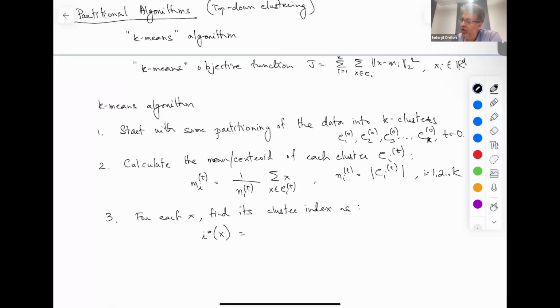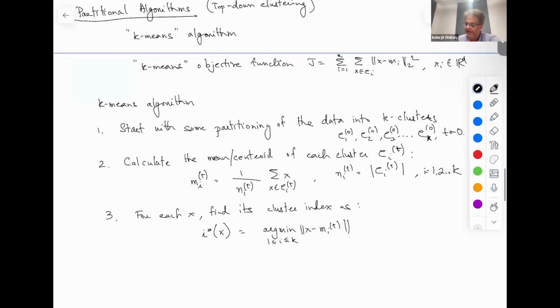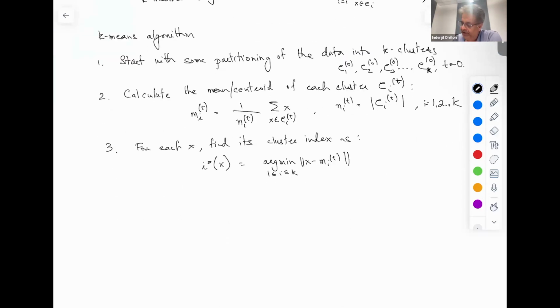I'm going to look at all the distances, x minus mi, from all the K clusters, and take the minimum, and the index achieving the minimum is the argmin. I'll illustrate this. And then it updates the clusters: Ci^(t+1) is basically all the points x such that the cluster index is i.